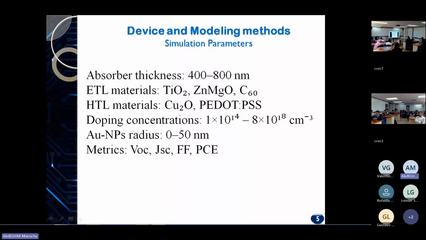in our simulation, we varied several parameters to understand their impact. These include absorber thickness, ETL and HTL materials, doping concentration, and the radius of the gold nanoparticles. The main output metrics we analyzed were open circuit voltage, short circuit current, fill factor, and overall power conversion efficiency.